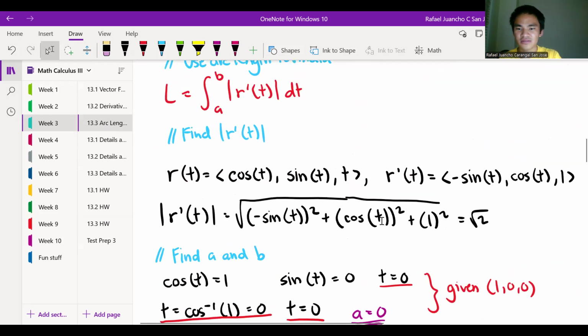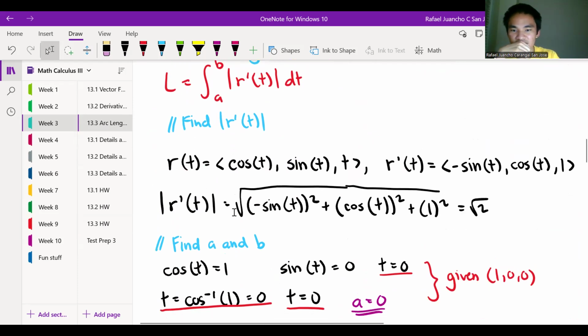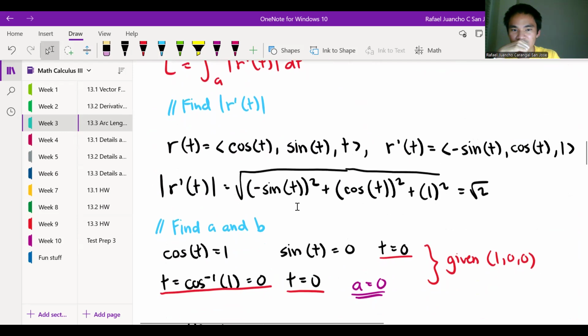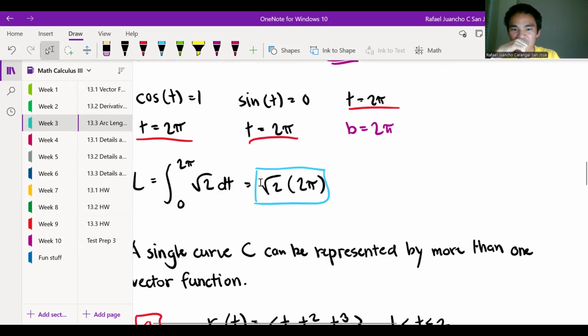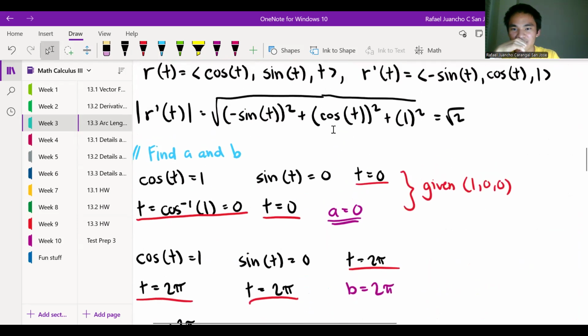Here I get cosine t, and this is interesting. I'm not sure what to do about this. I don't actually get a number here, which is funny.